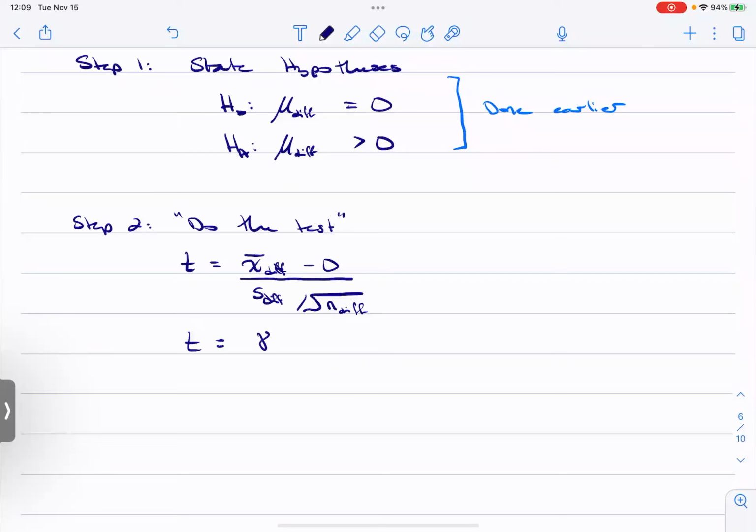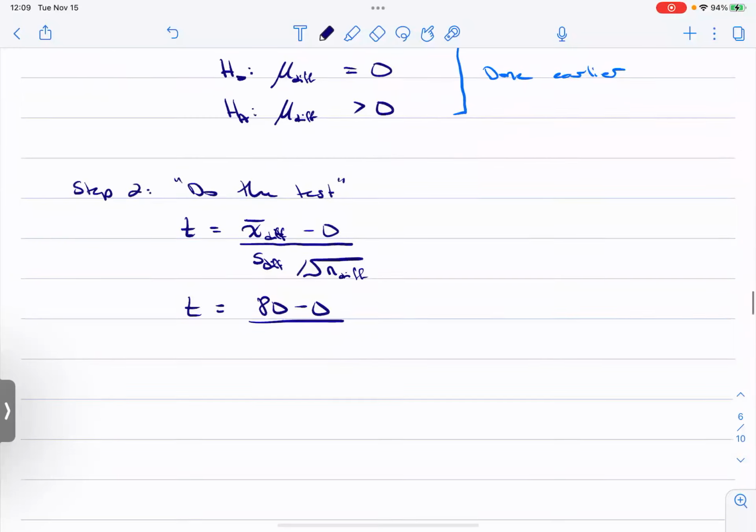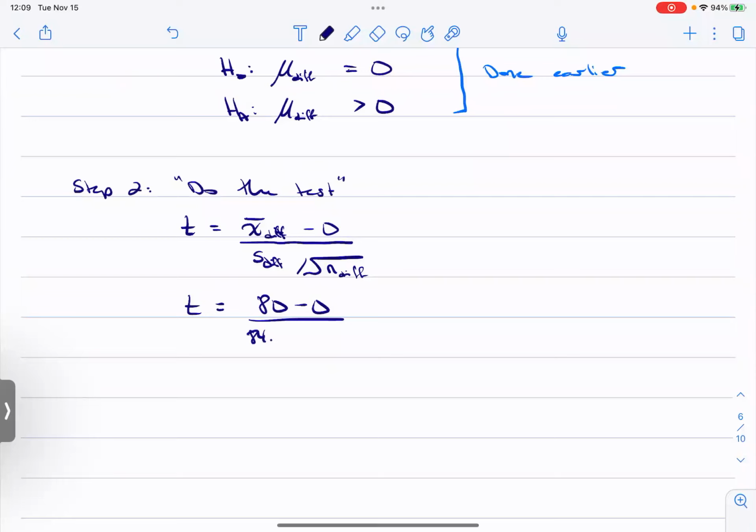Now I've already got it here, so it's 80 minus 0, divided by 84.59052 divided by the square root of 10, and put that in brackets. A common mistake here is everyone's so concerned with the degrees of freedom that all of a sudden you're doing n minus 1 in here, but it's just n, right? And so that would change your answer just ever so slightly, and it would probably be marked wrong.